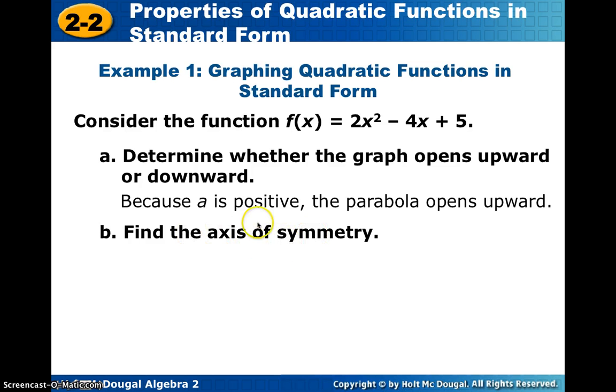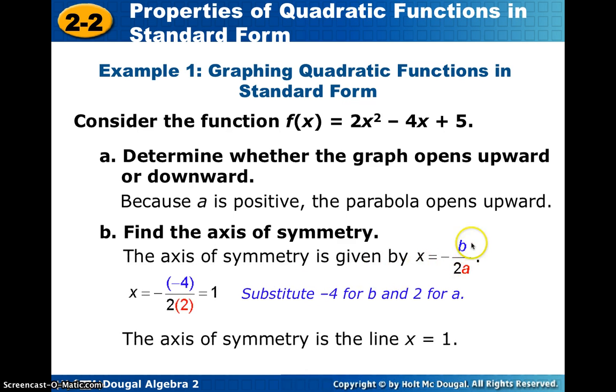So now can we find the axis of symmetry? Well, the axis of symmetry is at negative b over 2a. So I'm going to plug in negative b over 2a. So I have to figure out what b and a are. I look at my function and I see that the coefficients here tell me what a, b, and c are. The coefficient of x squared is 2, so 2 is a.